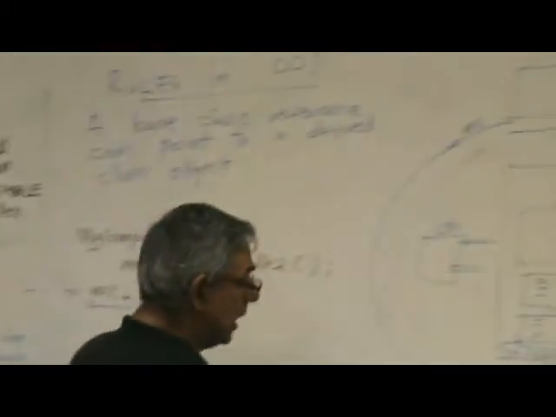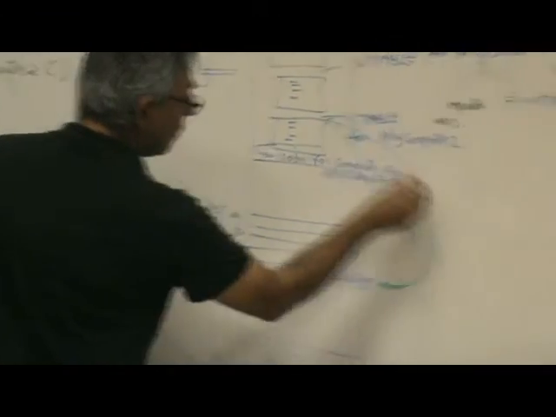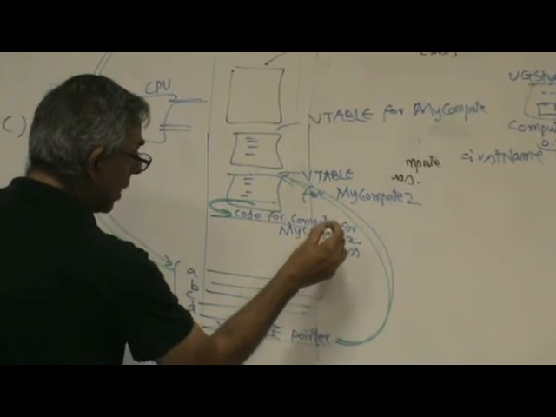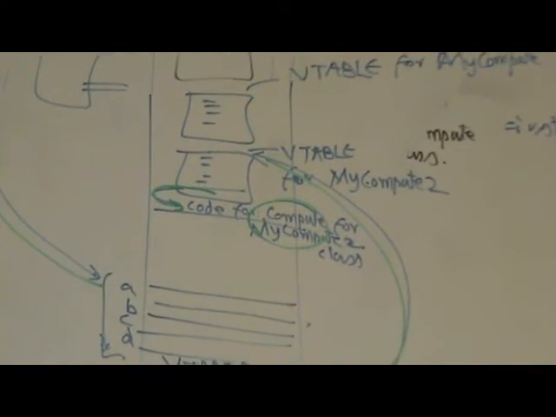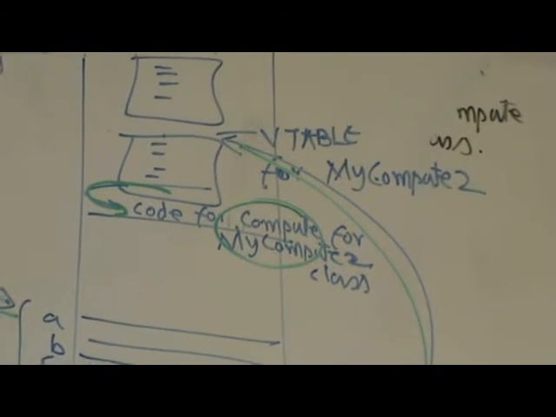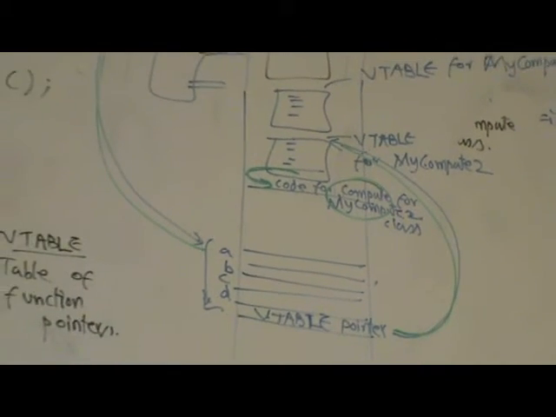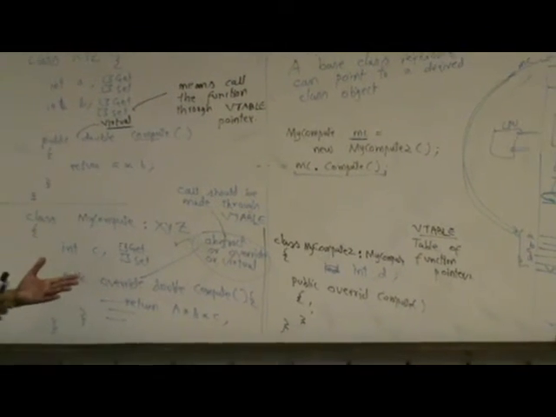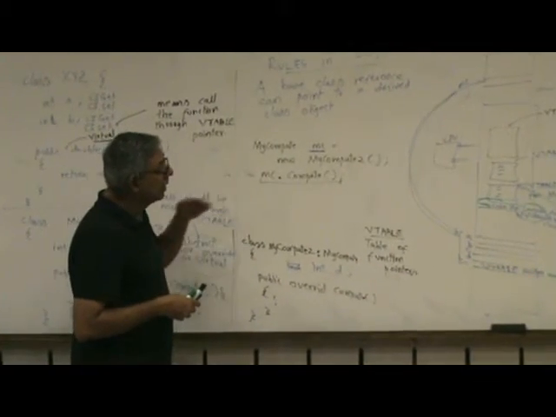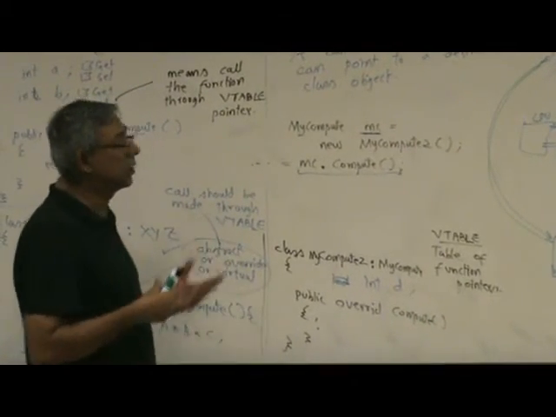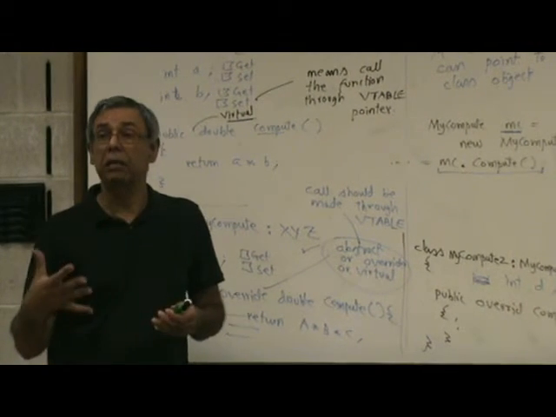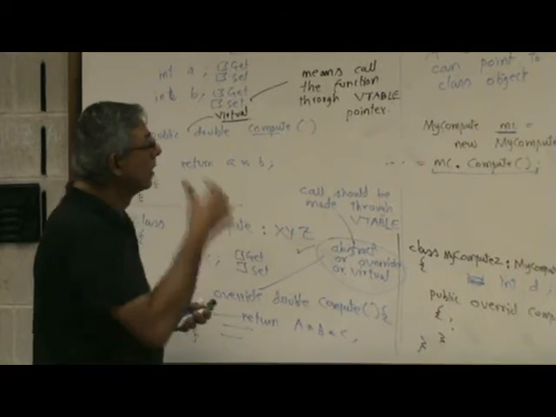So we'll start from MC, then come over here, then go over here, then locate the code for MyCompute, and whatever that code is, it will end up calling the compute for MyCompute, which is the right thing to do, right? So that's why we have these keywords, so that we can let the compiler know whether it should directly assume which function to call, or whether it has to go through the vtable to call the function, okay?